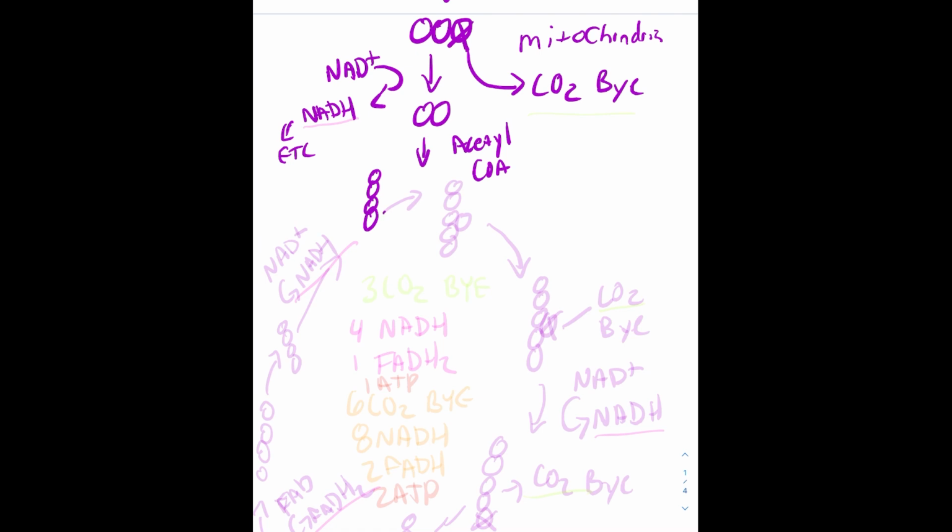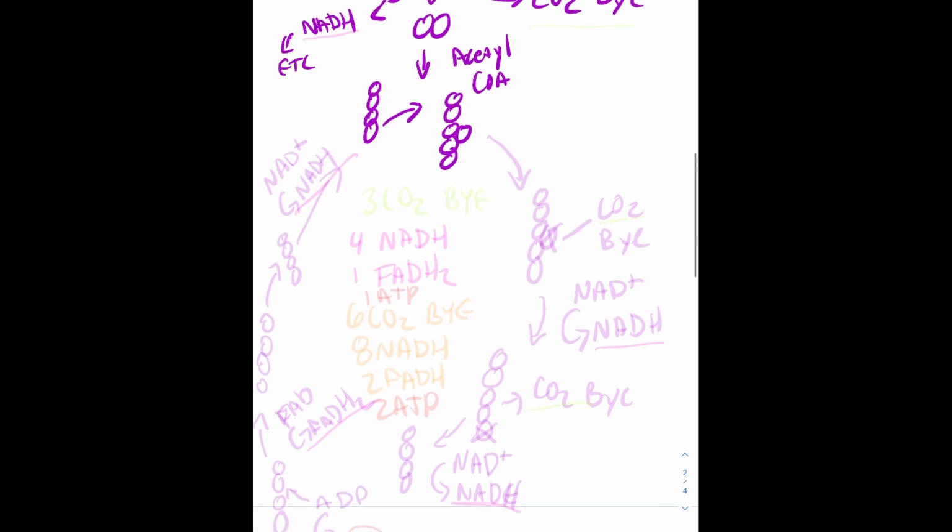So it's going to attach them together, and it's going to make a 6-carbon right there. So that 6-carbon is going to be citric acid. So that 4 from the end of the cycle is going to attach to the 2 here. As a result, to the acetyl-CoA, it's going to attach and make 6.